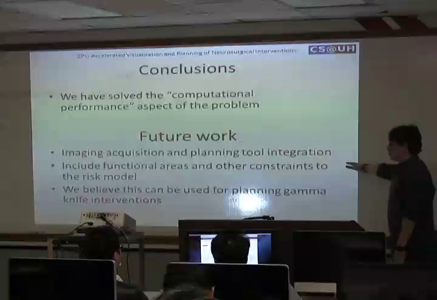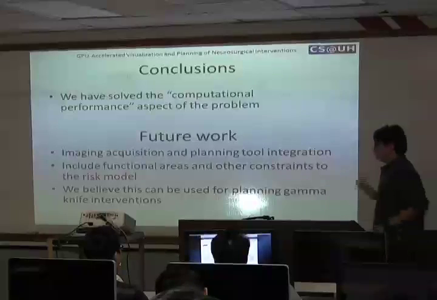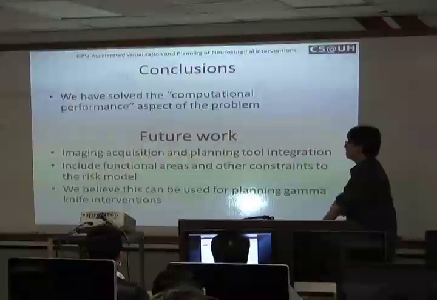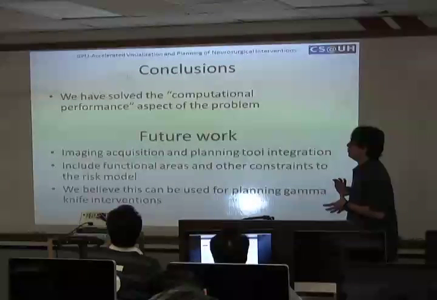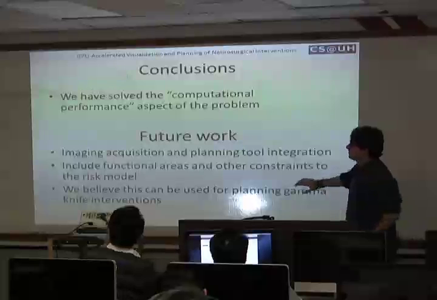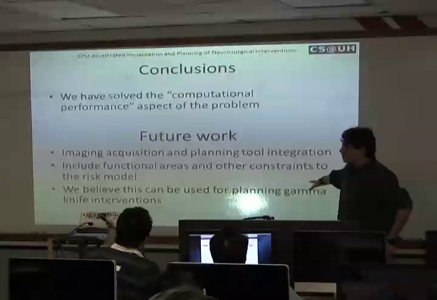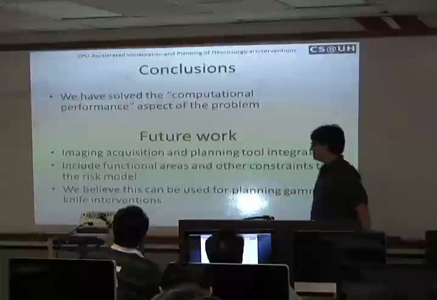We can add many more constraints in the risk model. Something that came out of getting feedback from expert neurosurgeons was using that technique to plan the radiation treatment with Gamma Knife. And that's it.